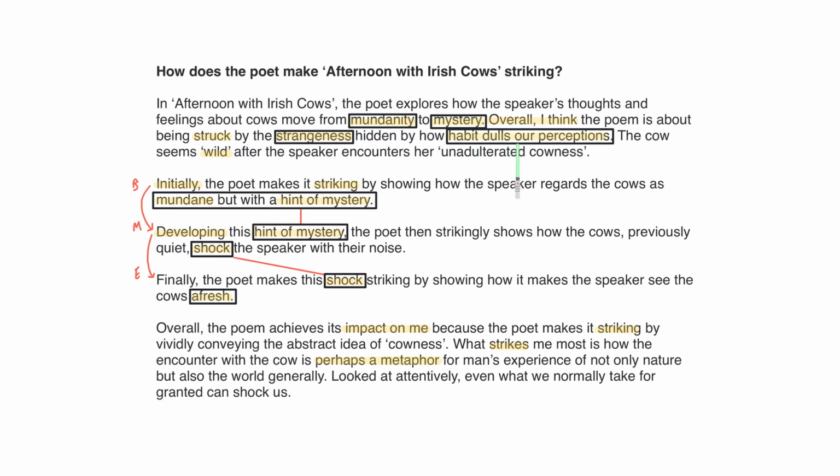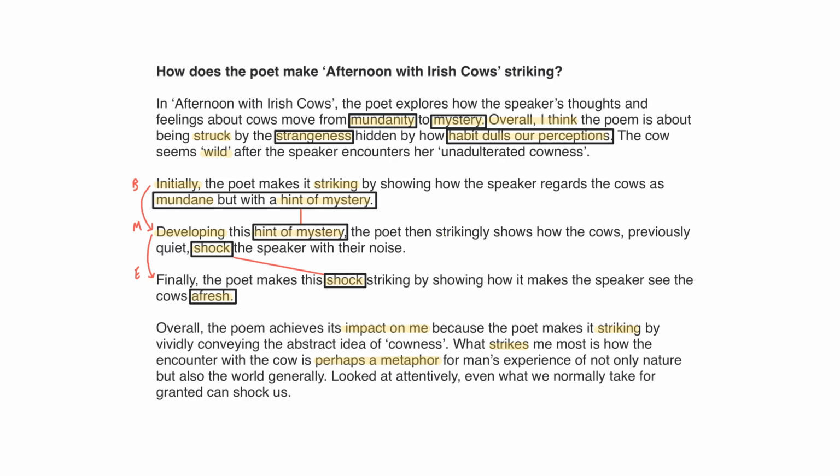And what goes on is that normally, because of the habits that you just fall into, you don't really take notice of what's around you. So this means your perceptions can become a bit dulled. You never really see the cows. But when you do look at them, they then become wild. And there's something about really seeing the essence of them, the unadulterated cowness.